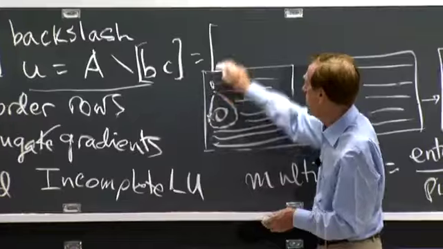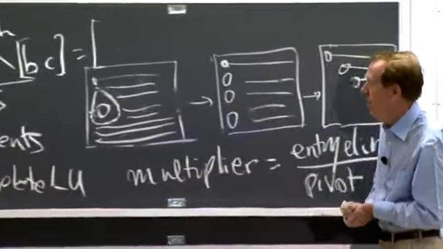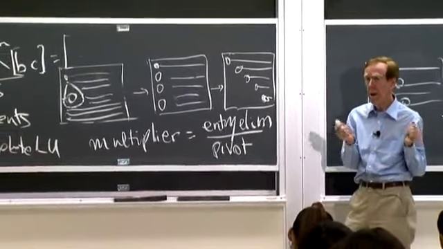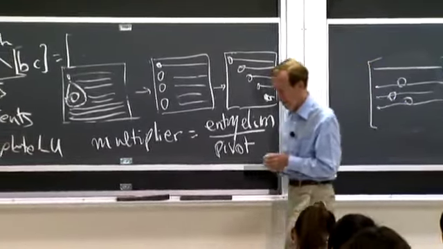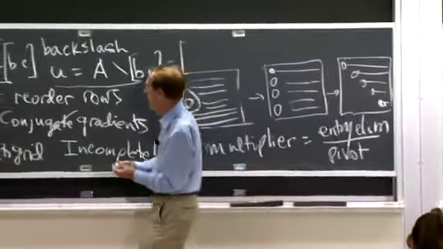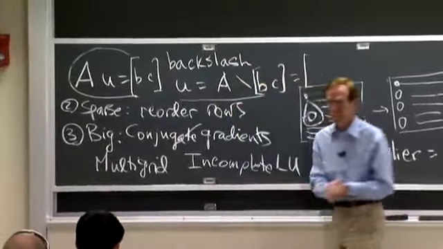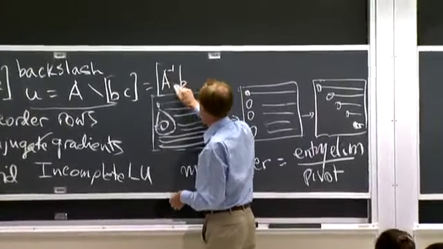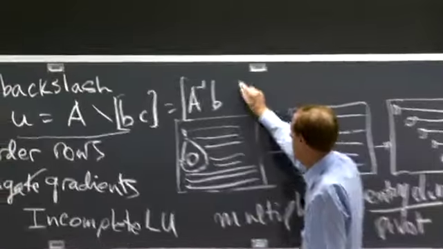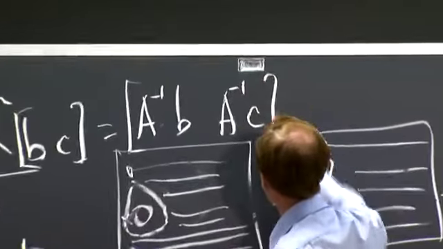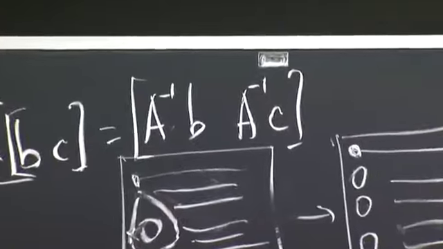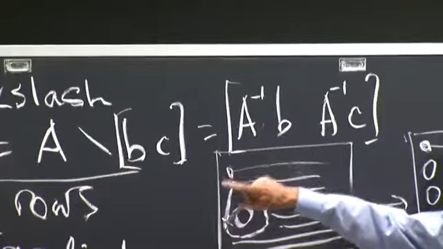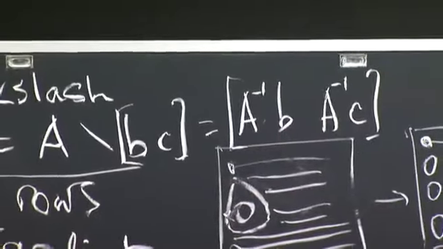So what's the first column of U then? It's A backslash B. And now what's a more mathematical way to write that? What's the answer to AU equal B? It's U equal A inverse B, right? That's the answer in the first column, and A inverse C would be the answer in the second column. So it would produce those answers. Backslash will produce the answer to the first equation and the answer to the second equation.